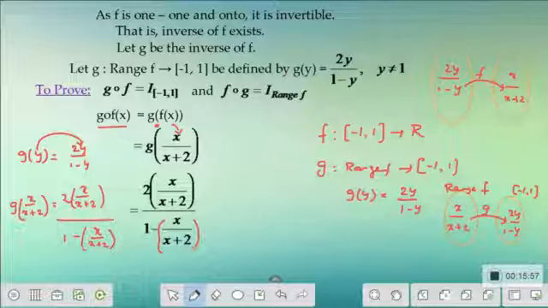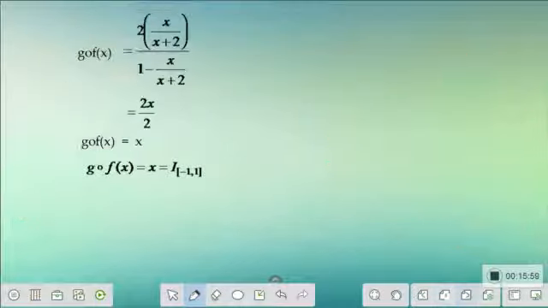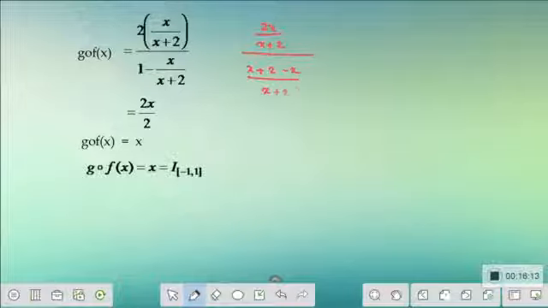Now comes only the simplification that we can do. The numerator gives you 2x by x plus 2. Your denominator gives you x plus 2 minus x by x plus 2. We have the same denominator, so both numerator and denominator get cancelled out, which gives you 2x by 2.